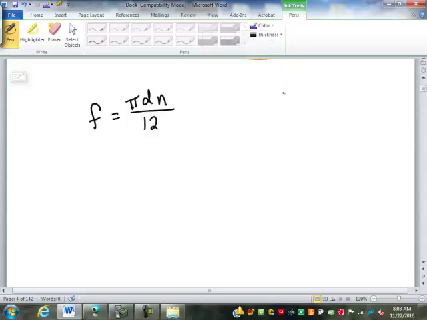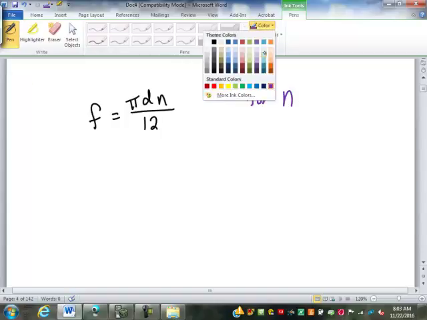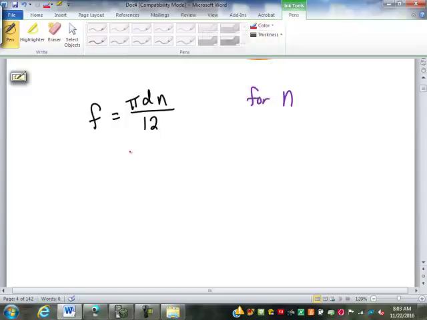And I want to solve this for N, for my RPM. What's the first thing I got to get rid of? Well, N, when this was put together, was multiplied by pi and D on top. Then it was divided by 12. So to reverse that, I have to multiply by 12.